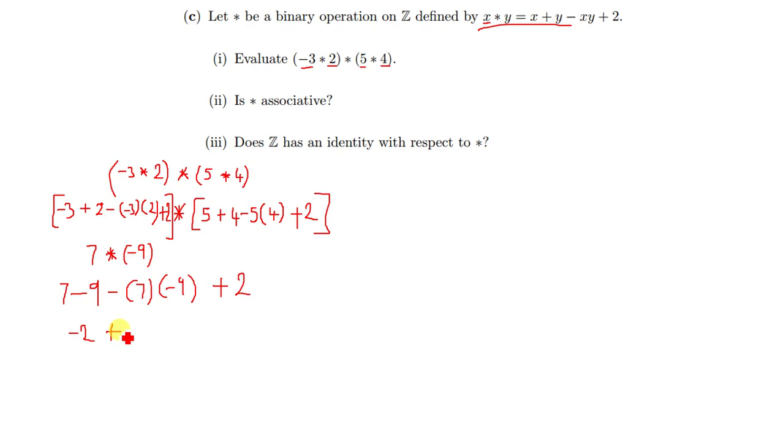So this will give us 63 plus 2. So this negative 2 and this 2, you can see that they are giving you a 0, meaning our final answer will just be 63. So this is basically how you solve such a question. It's simple and straightforward.